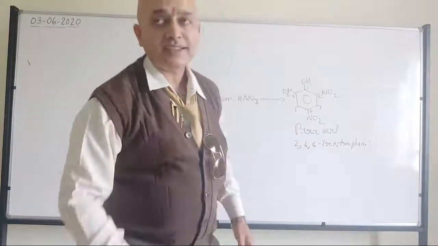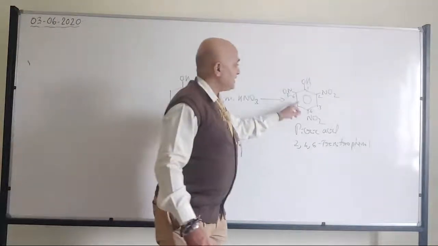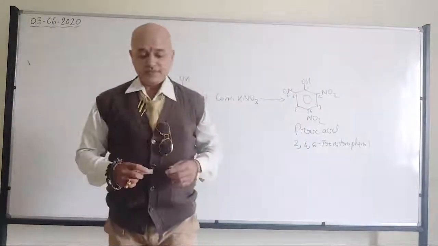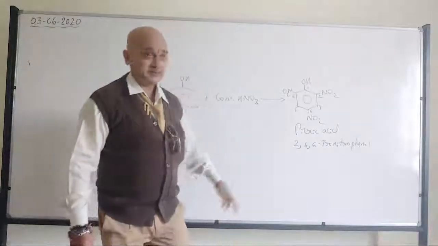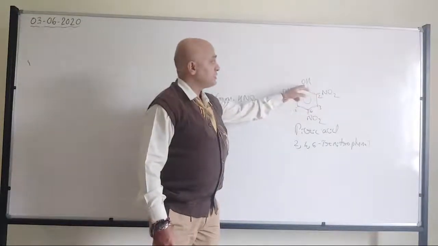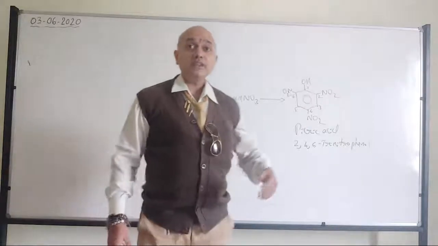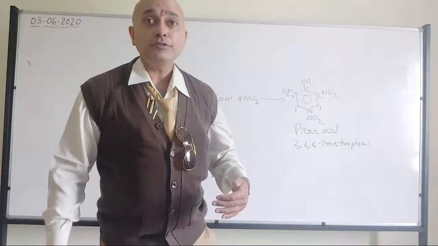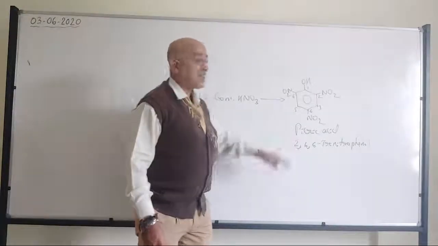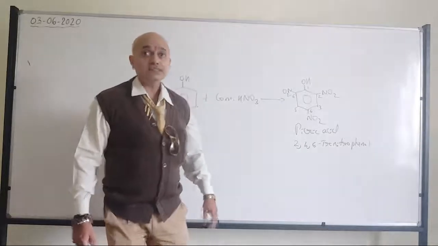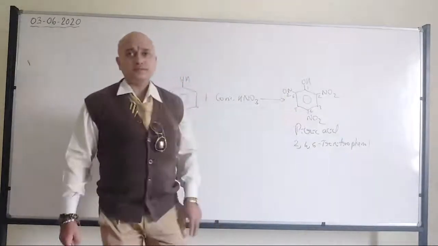That is because of the presence of electron withdrawing groups, which put a stress on oxygen. Due to that, oxygen will take up the electron from hydrogen and release it as H plus. So picric acid is a strong acid due to the presence of electron withdrawing groups.